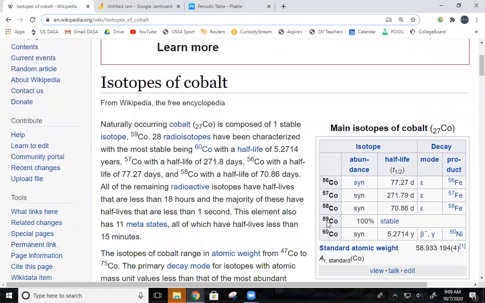Yeah, that makes sense. 100% is 59, and then there's a couple of really small traces of something else. So find the isotopes of an element, and then do what we just did to figure out the average and see if it matches the periodic table. Ready, go.